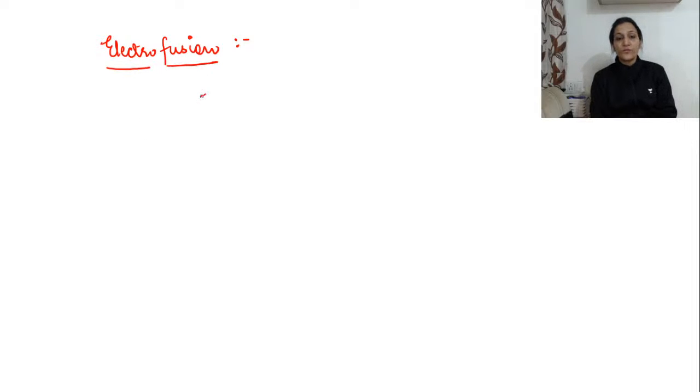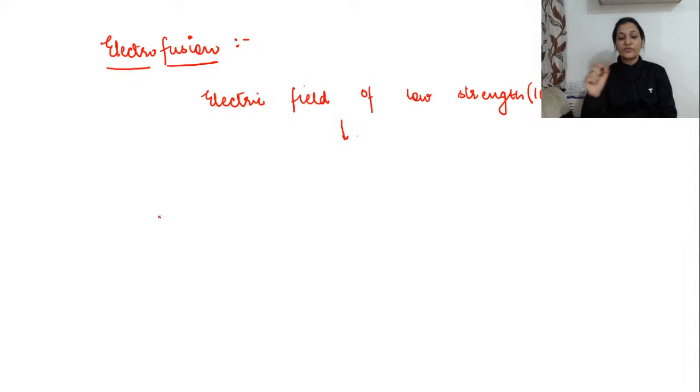An electric field of low strength, that is 10 kilovolt per minute, will be used, and this gives rise to dielectrophoretic dipole generation within the protoplast suspension, and within microseconds the fusion will occur.